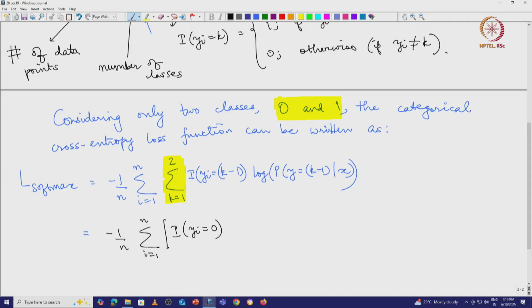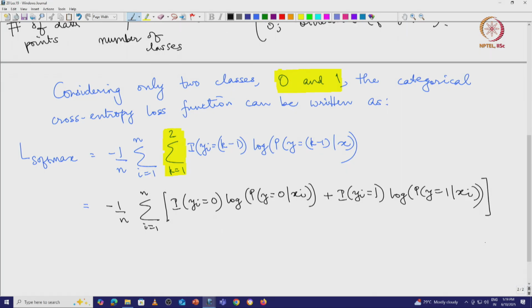So yi is 0, log of the probability of y being equal to 0 given xi, plus the indicator function of yi equals k minus 1. Now k is 2, so k minus 1 is 1. So indicator of yi equals 1 times log of p of y equals 1 given xi. So this is how the loss function looks, and we can simplify it even further.